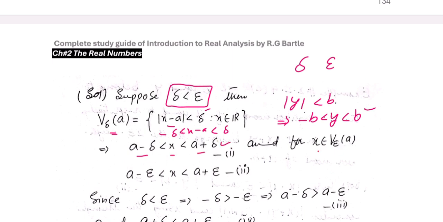Now when x belongs to the epsilon neighborhood of a, similarly as inequality number 1, we can obtain inequality number 2, but now the radius is epsilon. So this is a minus epsilon less than x less than a plus epsilon. So this is inequality number 2 here.